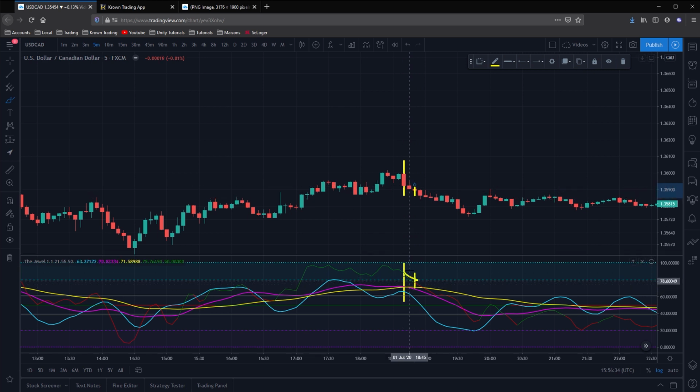Then you have multiple arguments telling you it might be a good time to get short or might be a good time to close your long on that move there, right?